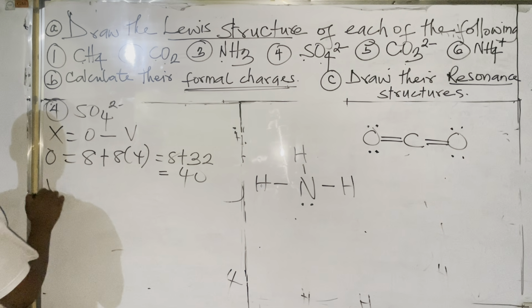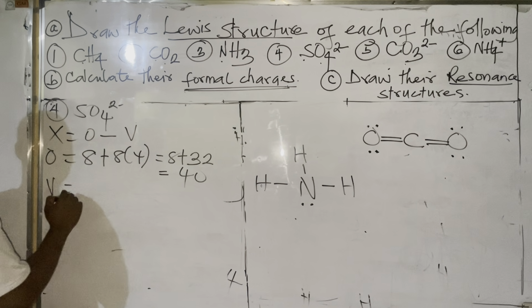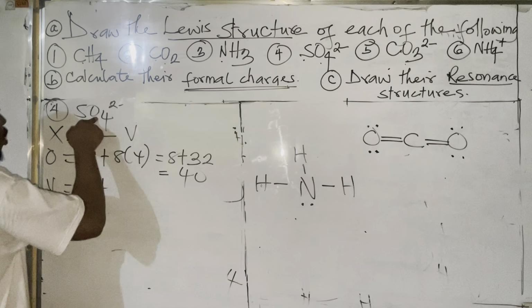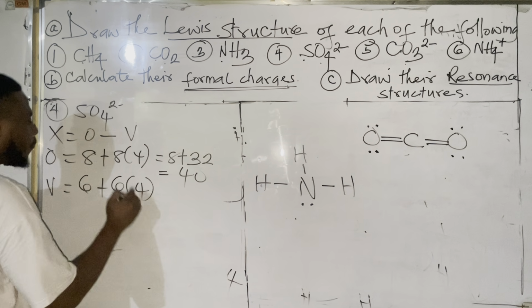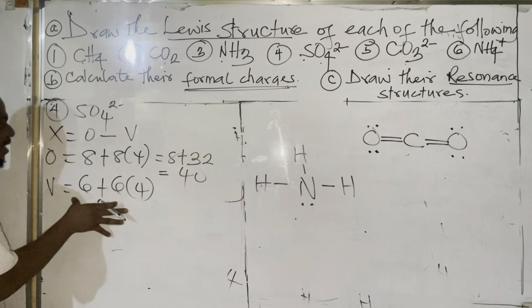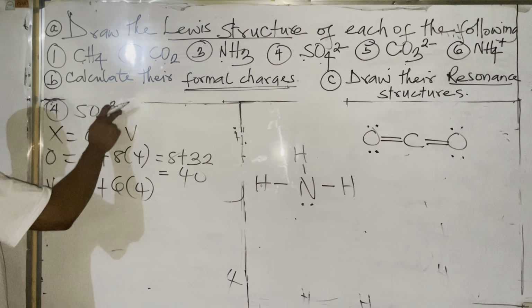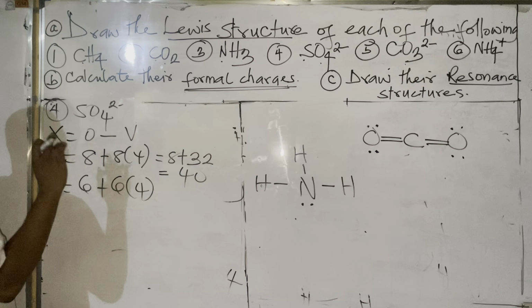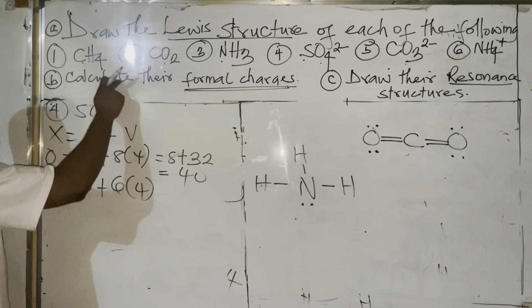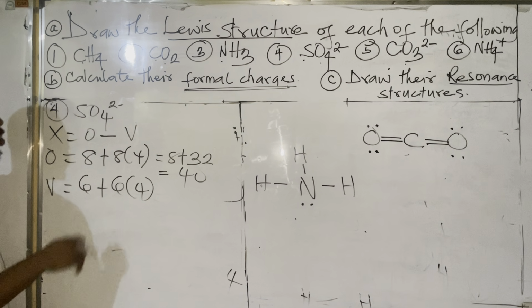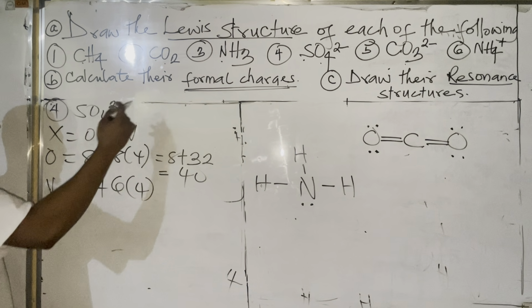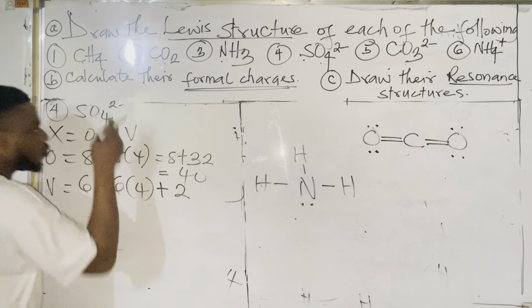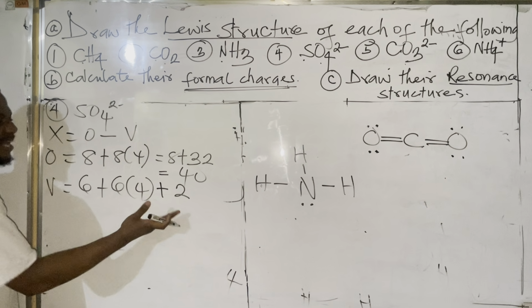So now let's calculate V. Sulfur is in group 6, so it has 6 valence electrons. Oxygen is also in group 6, so 6 times 4. Now, when you're calculating valence electrons, always consider the charge. In chemistry, when a particular compound has a negative charge, it means that it has gained electrons. So when you see 2 minus here, put plus 2.